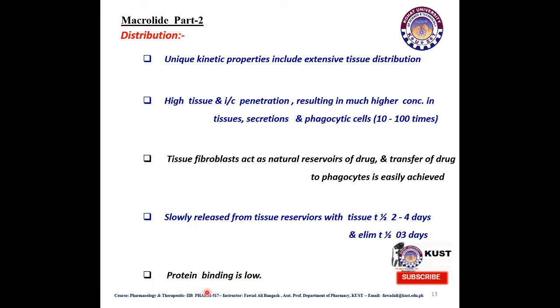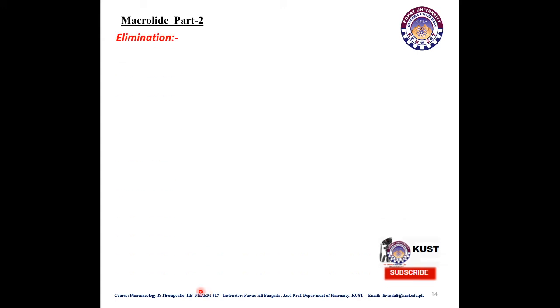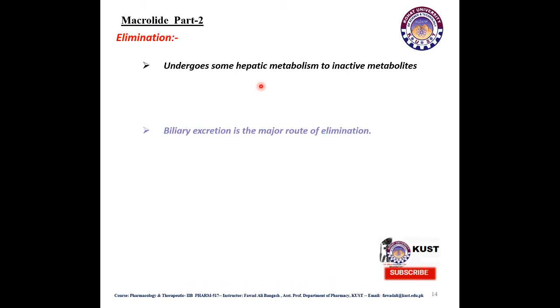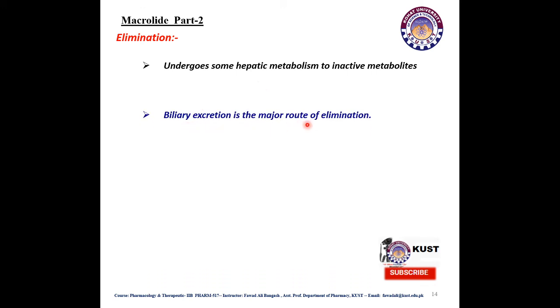Plasma protein binding is low. For elimination, it undergoes some hepatic metabolism to inactive metabolites. Biliary excretion is the major route of elimination, and only 10 to 12% of the drug is excreted unchanged in the urine.